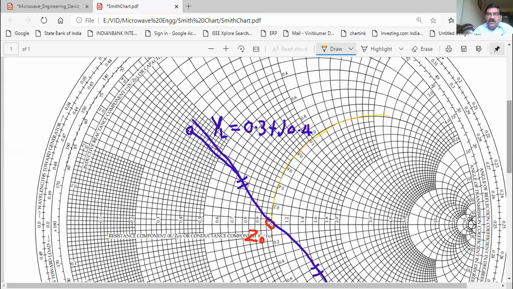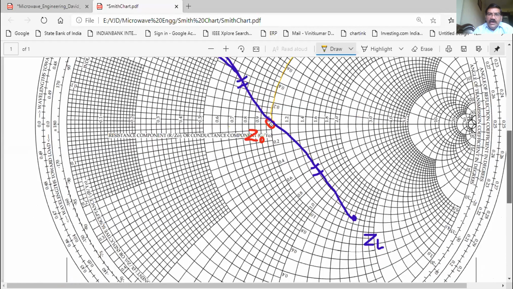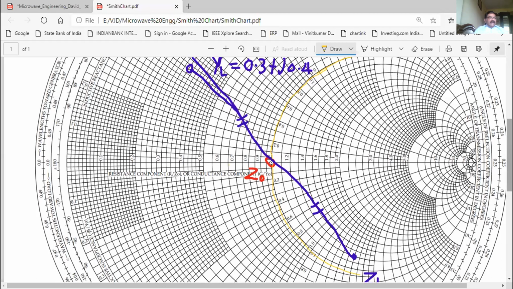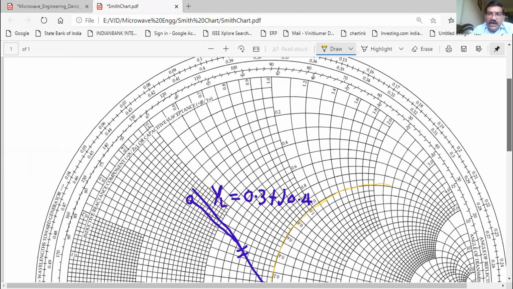It is called the 1 plus Jx circle. Whatever circle you are making, where will it intersect? It will intersect at two points, at this one, and where else?